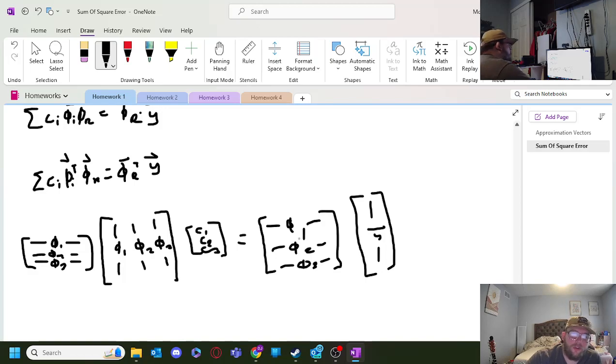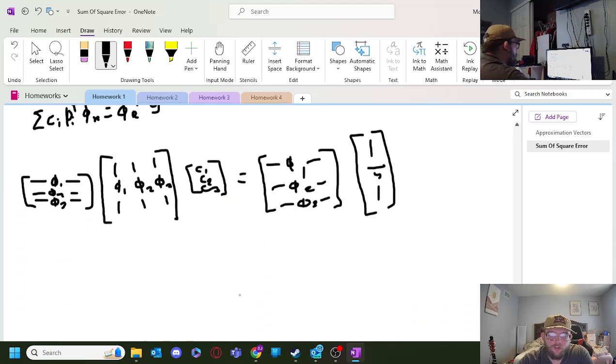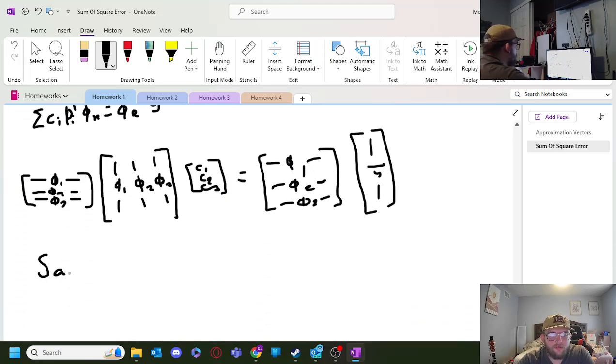What this is saying is that by using the sum squared error method up here, it'll give us the same result as the approximation vectors.